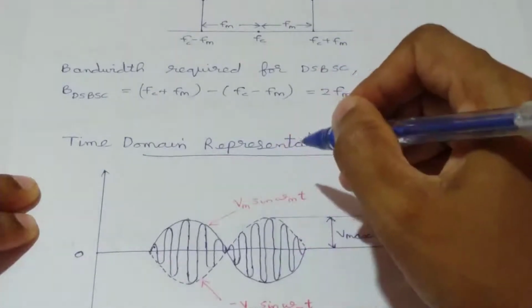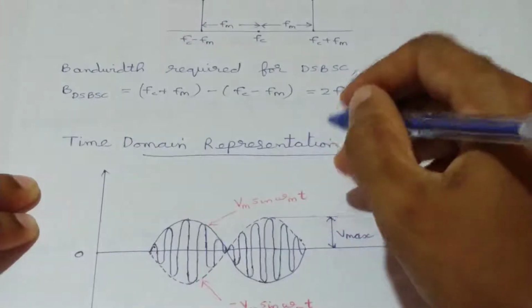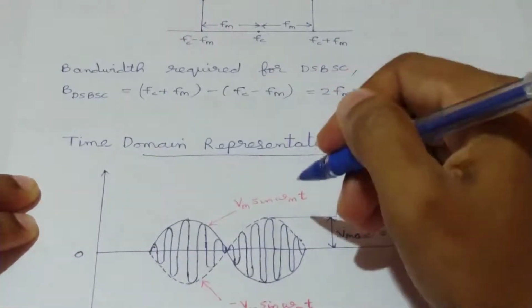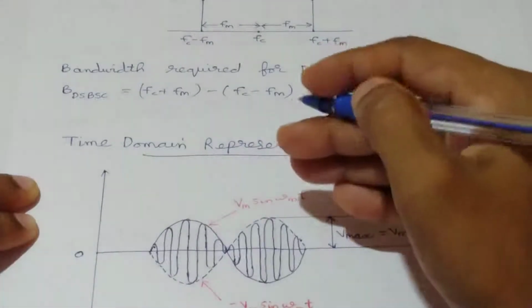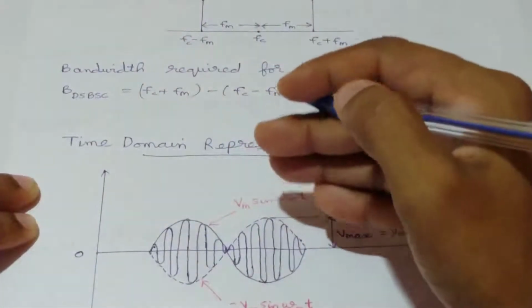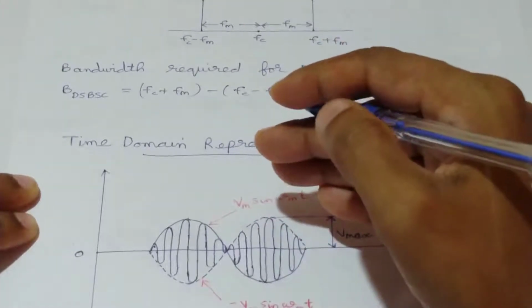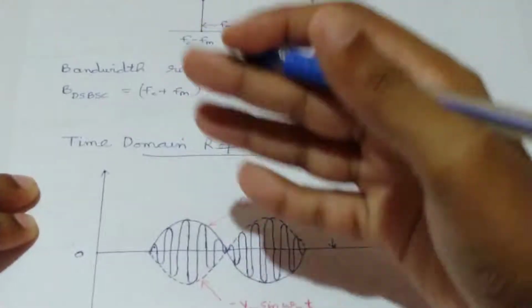We can recover it by using an envelope detector. But in double sideband suppressed carrier, we cannot use an envelope detector for the recovery of our message signal. We need to use a complex circuit arrangement for the recovery process.